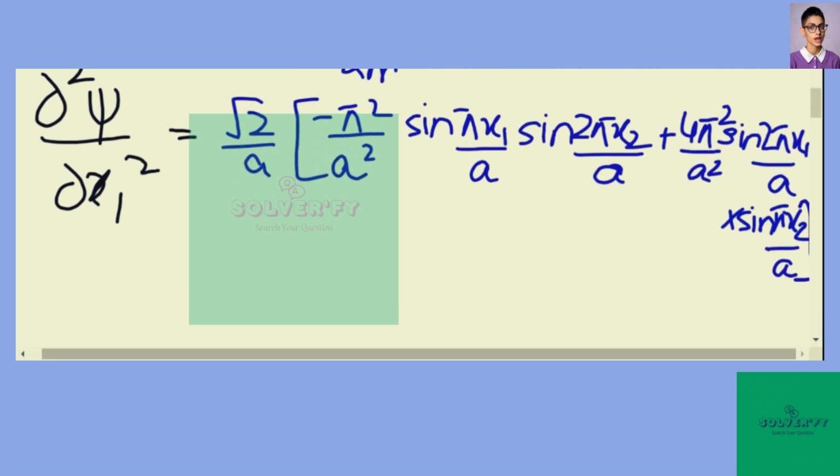Now this is the equation for the twice partial derivative of the wave function with respect to x1.